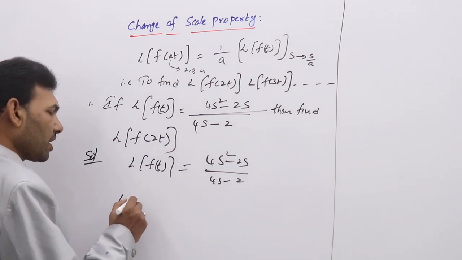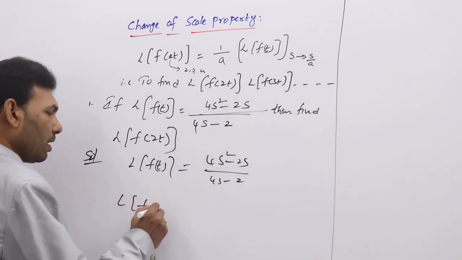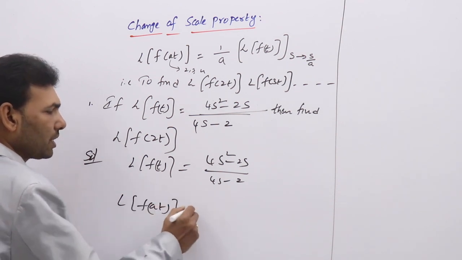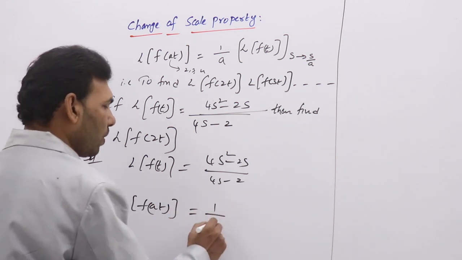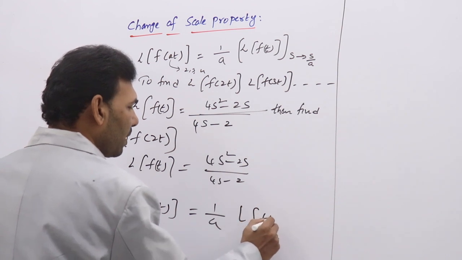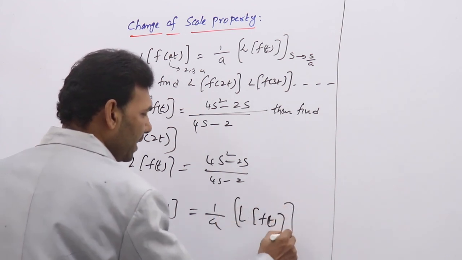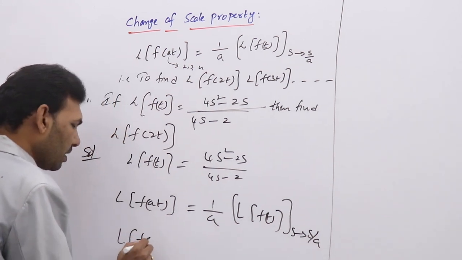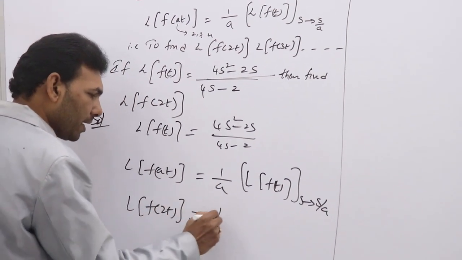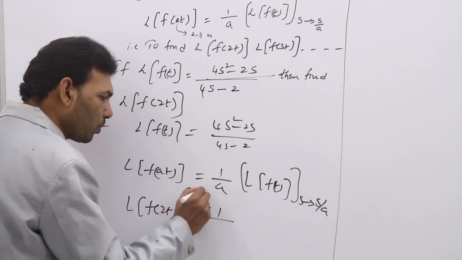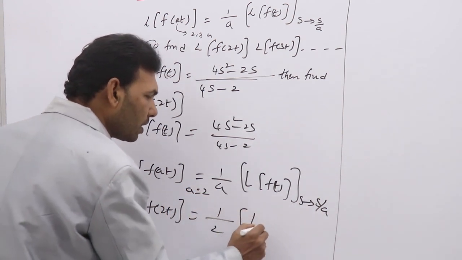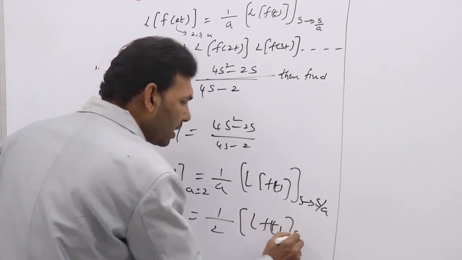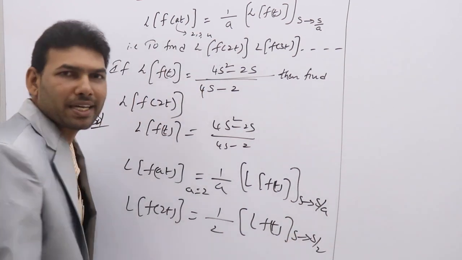Using change of scale property, L of f of at is 1 by a, and in the Laplace formula replace s by s by a. That means to find L of f of 2t, a is 2, so 1 by 2, and in the Laplace formula replace s by s by 2.